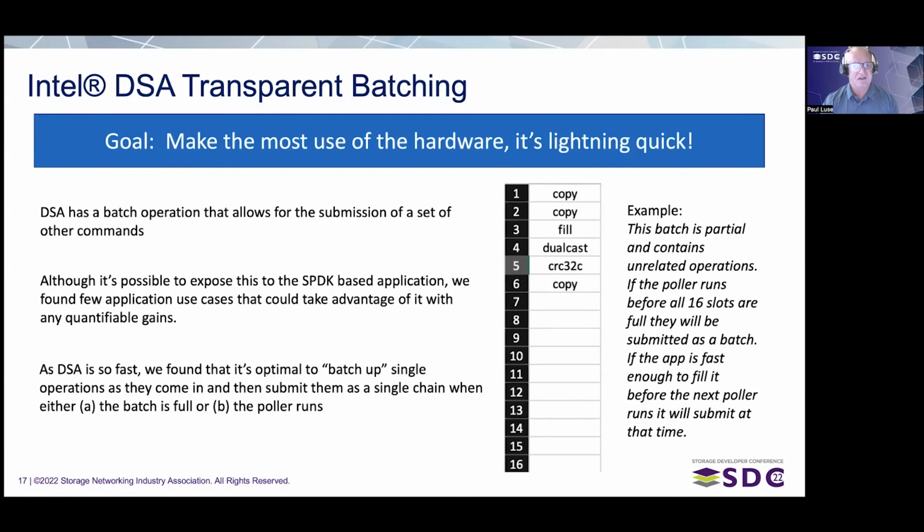And that's great too. That's where that trade-off is. So we never are going to pay more latency than the time for the poller to run, and we're never going to add so much latency that we're going to pile up 64 of these things before we submit them. So that's kind of what the magic number is now.